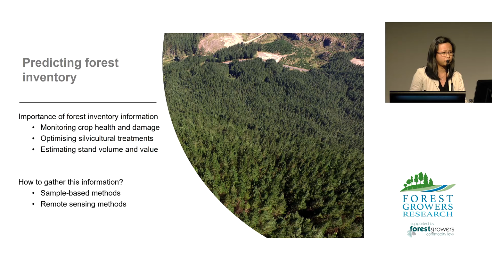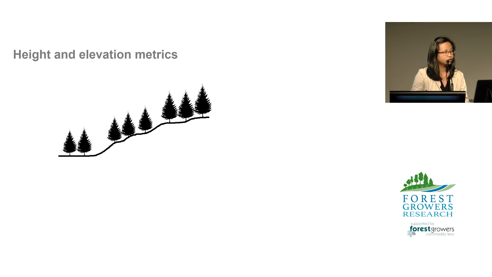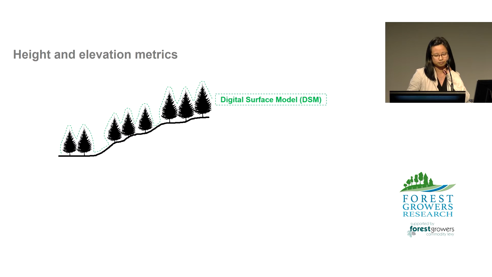When we talk about remote sensing, especially in forest inventory prediction, we are usually talking about elevation and height metrics. Just a recap, so we're all on the same base. This figure illustrates a sample vegetation surface on a terrain, and the elevation metric that includes the objects on the surface is the digital surface model, or DSM.